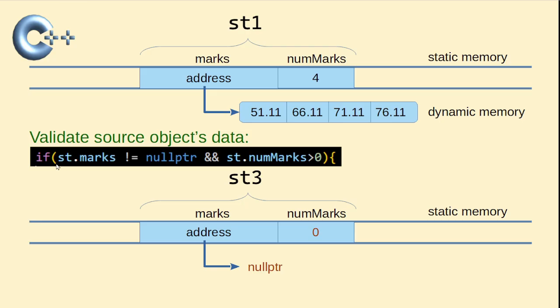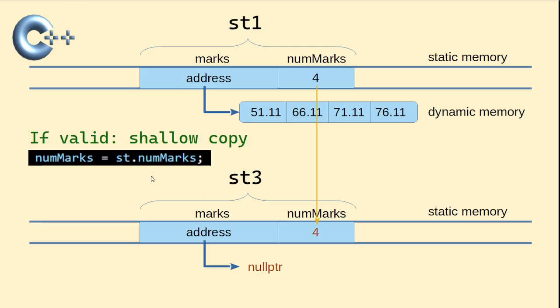Obviously this expression is going to be true because the data is valid. Therefore, the shallow copying of the number of marks from the source object st happens. Therefore, this 4 is copied from the st1 object number of marks attribute to the st3 object number of marks attribute.